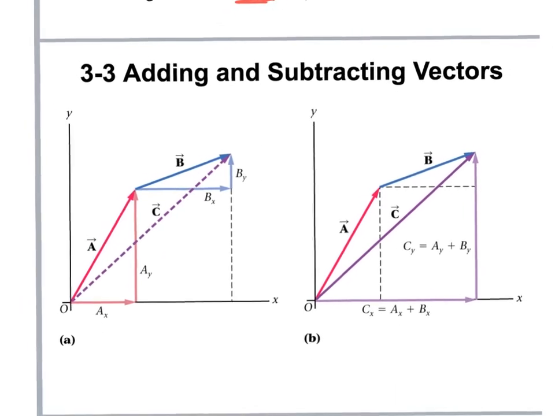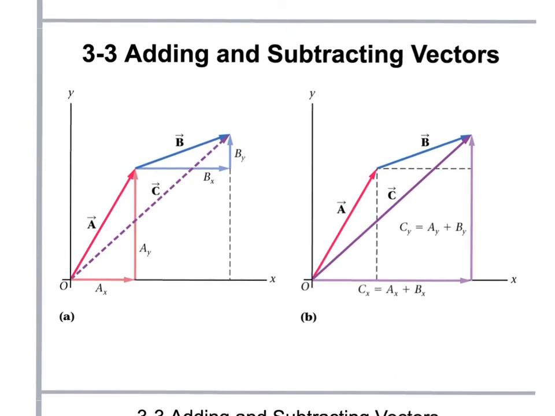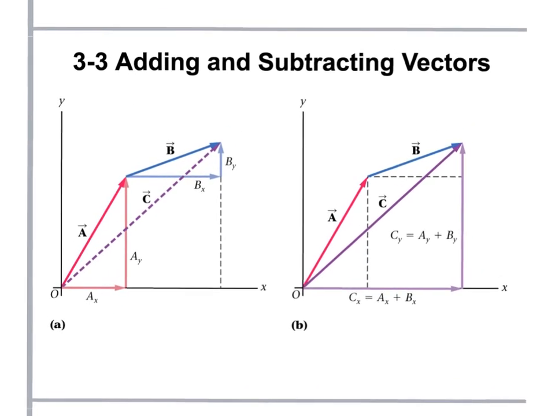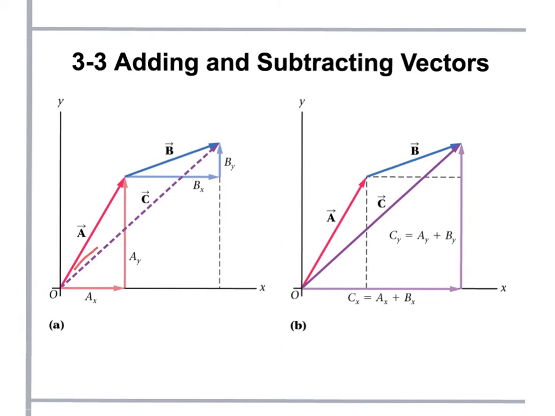To add and subtract pictorially, without knowing the components, if we're just drawing them, we're treating each individual vector as a right triangle when finding that overall resultant right here. So we found our right triangles and our components, and that gives us this overall large vector.